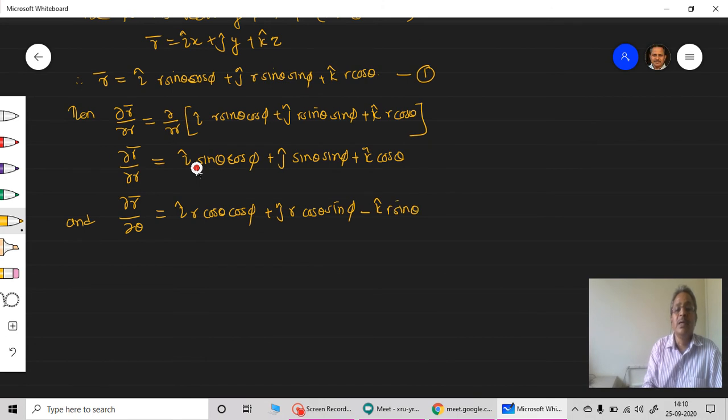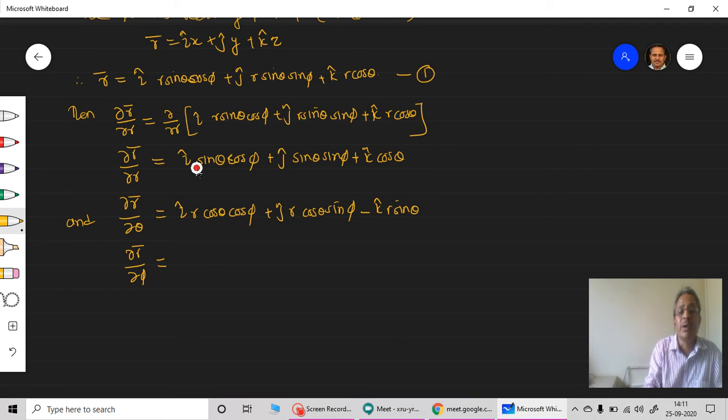This is my partial derivative of r bar with respect to theta. Now take the last term, the partial derivative of r bar with respect to phi, the third partial differentiation with respect to the third parameter phi. Now this term doesn't contain phi, so the differential will be simply 0.